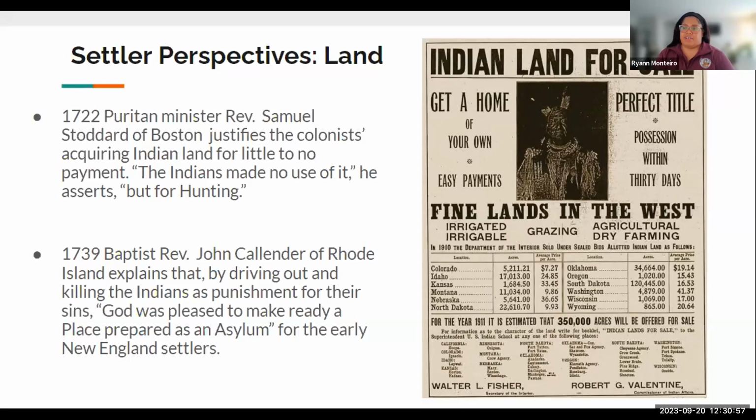And another reverend of Rhode Island explains that by driving out and killing the Indians as punishment for their sins, God was pleased to make ready a place prepared as an asylum, in reference to New England settlers. So again, here are our foundational beliefs, here are the manifestations abstractly, and then we see how it actually justifies action.